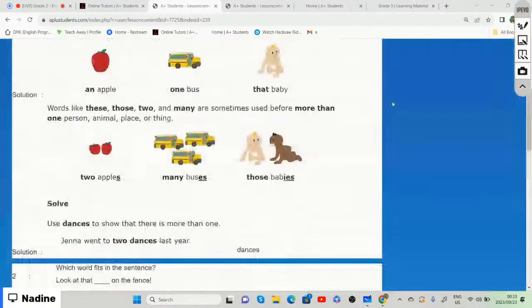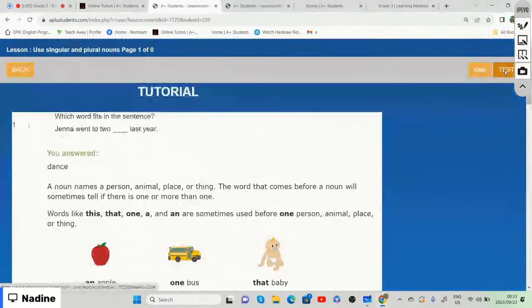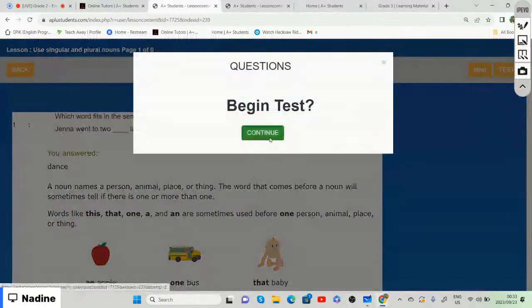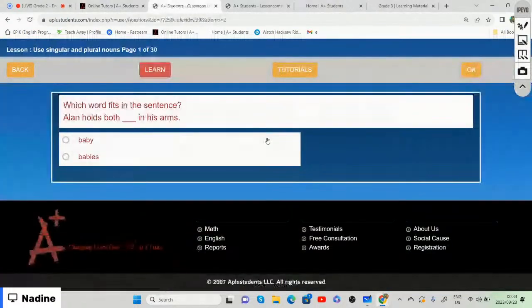All right, let's go to our test where we're going to begin. Alan holds both. Is it baby in his arms or babies in his arms?